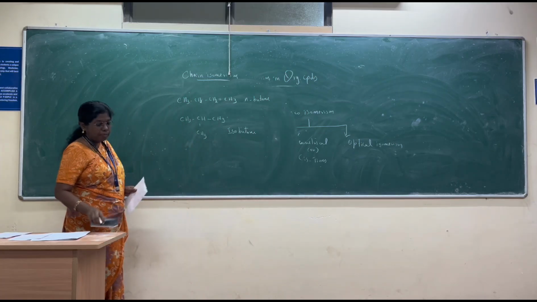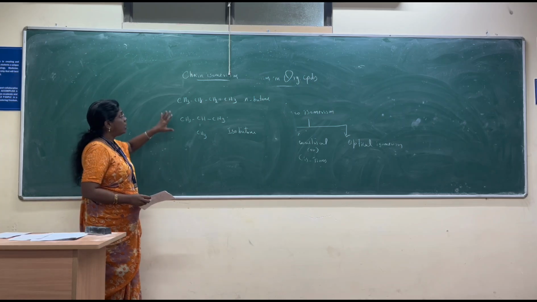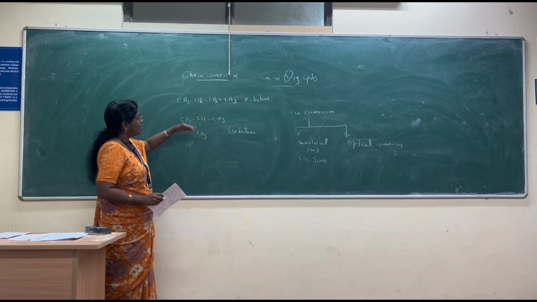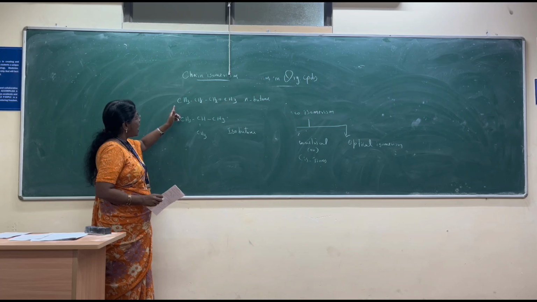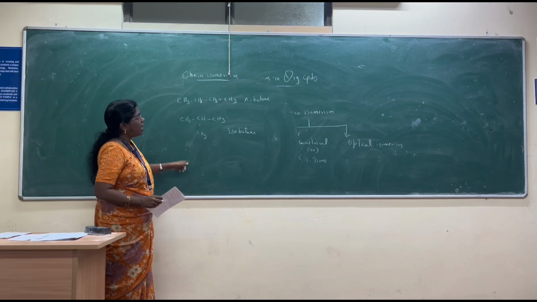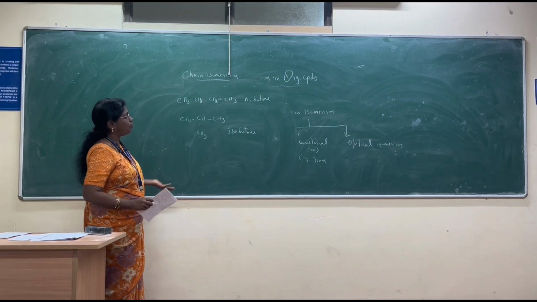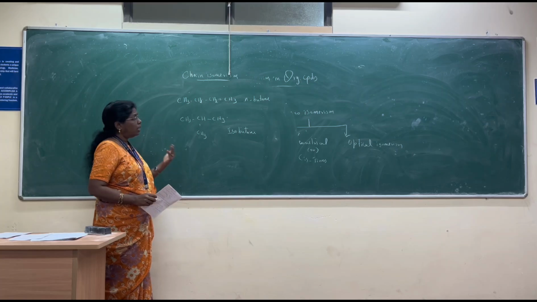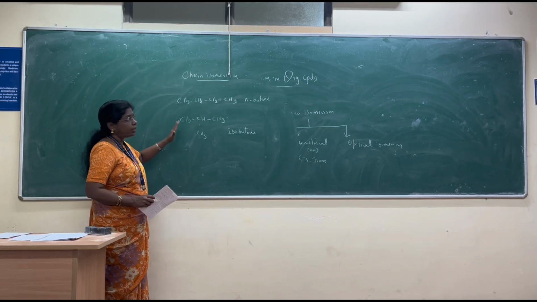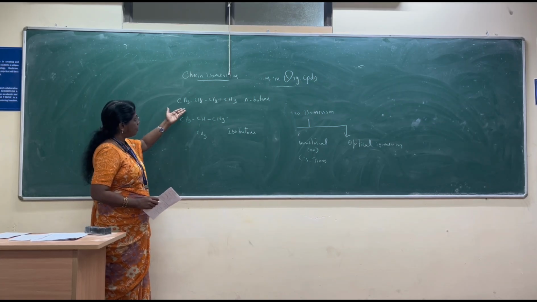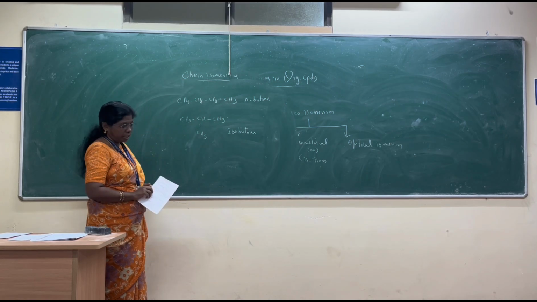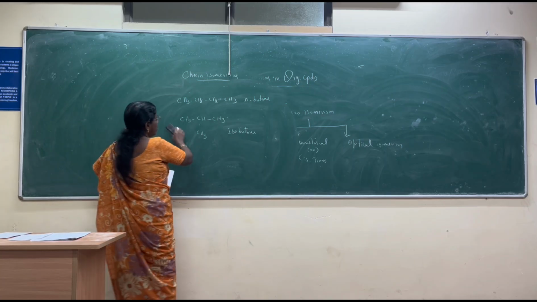So this is an example of chain isomerism. Same molecular formula but different physical and chemical properties, and the arrangement of carbon atoms is different. Similarly, n-propane and isopropane, butane, propane; you can write any example. That is called chain isomerism.